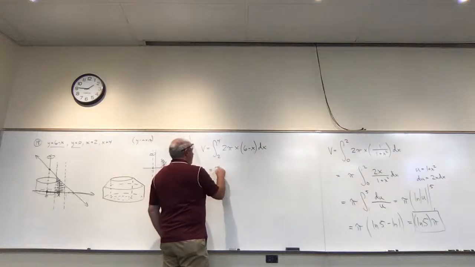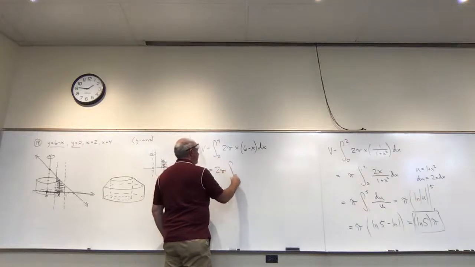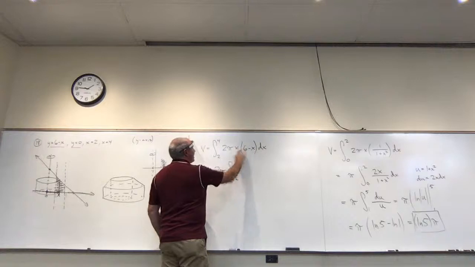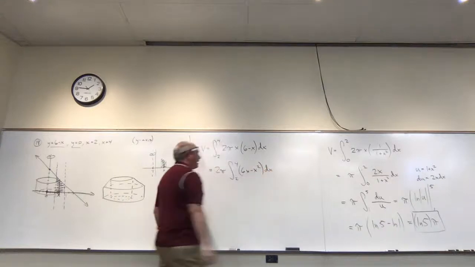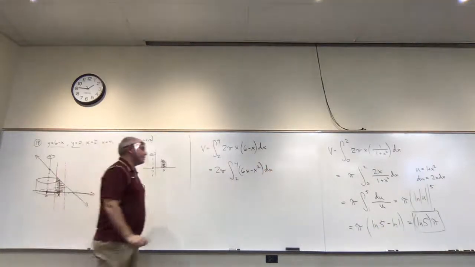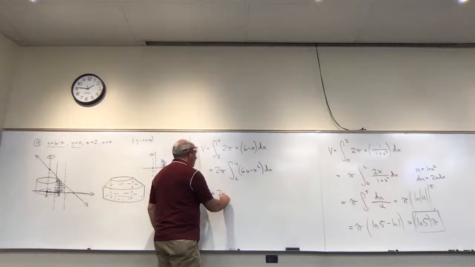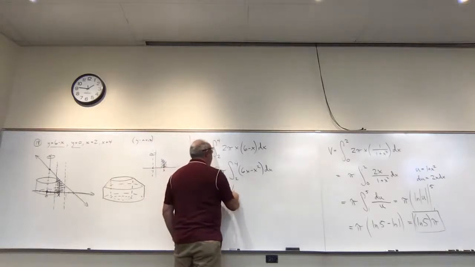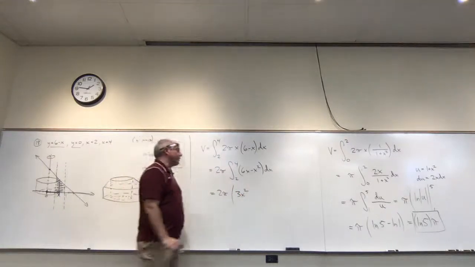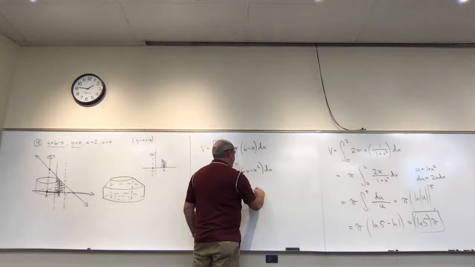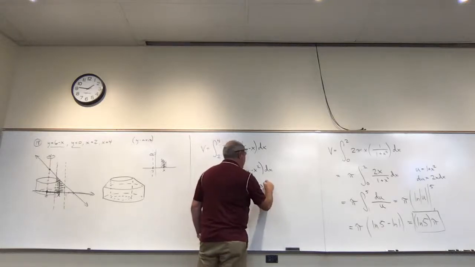I can pull out the 2 pi, 2 pi, 2 to 4, and then inside, if I distribute, I get 6x minus x squared dx. It's a fairly easy antiderivative. So I get 2 pi times antiderivative of 6x is, I suppose, 3x squared. And antiderivative of negative x squared is negative x cubed over 3, evaluated from 2 to 4.